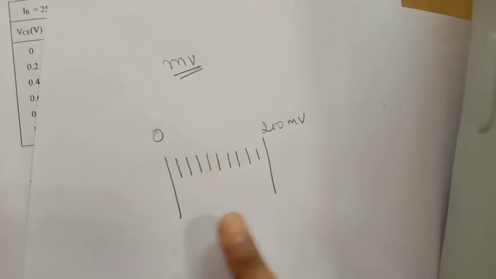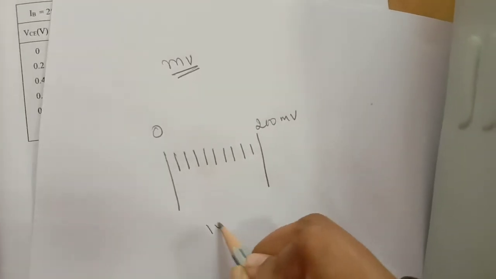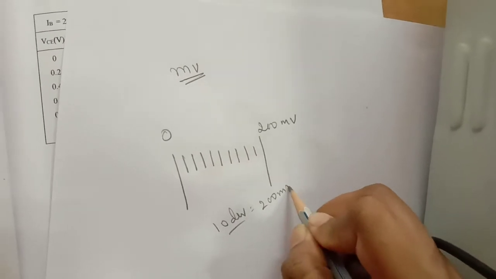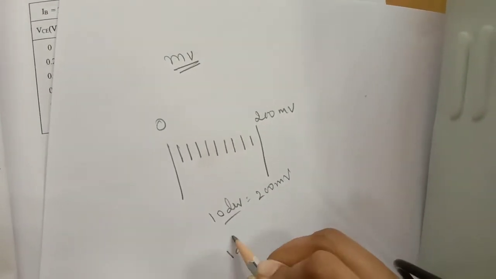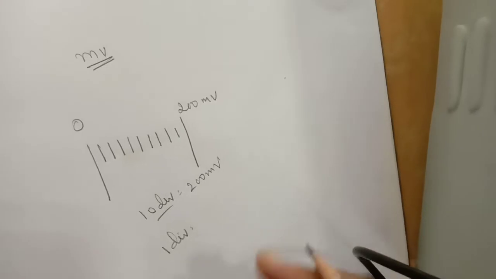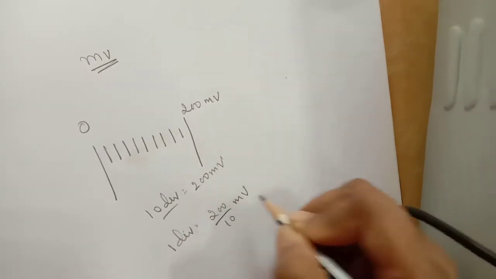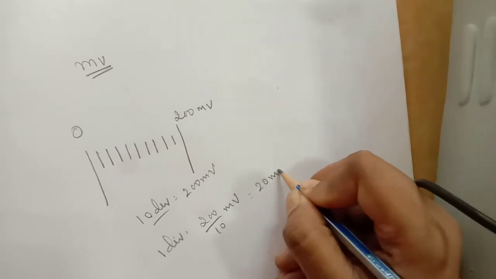This is the graduation given in the millivoltmeter. So you have 0 to 10 divisions, and 10 divisions is equal to 200 millivolts. From this you can understand the least count of this meter as 200 by 10 millivolts, which is equal to 20 millivolts.